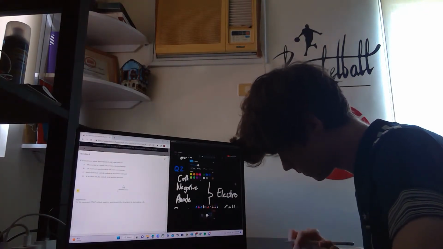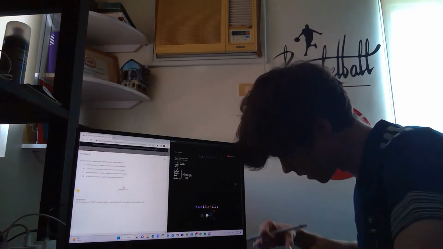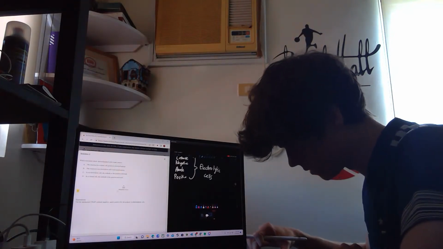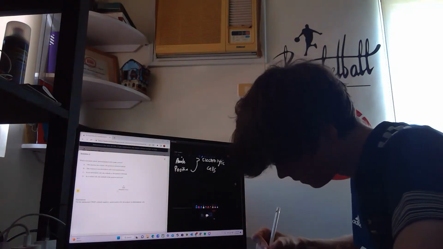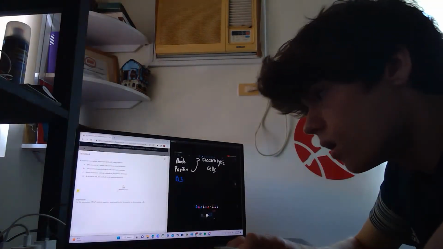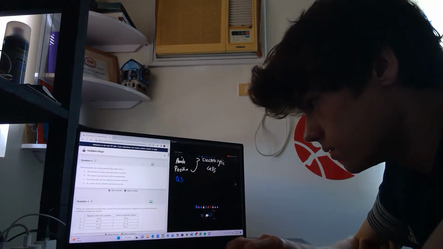This would be a nice one to read just because it's the difference between electrolytic and voltaic, which is a good distinction to make, because electrolytic has the battery and the voltaic is just your standard half cells, half cells connected by a salt bridge.